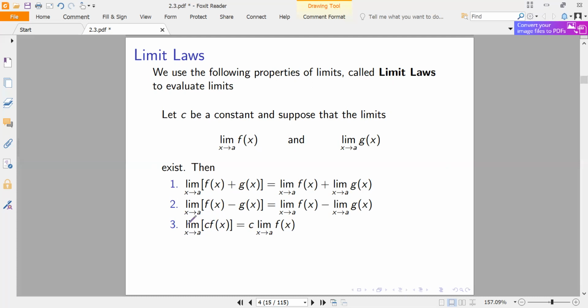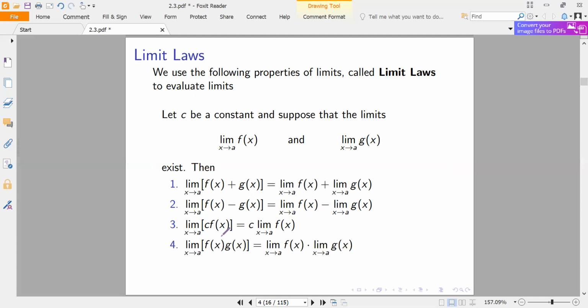I know that right now these things seem general, but we'll give an example. So the limit of c times f of x, we might as well just take that constant out and multiply it with the limit as x approaches a of f of x.